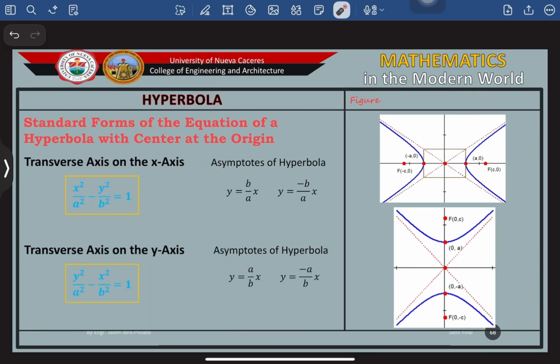Then, standard forms of the equation of a hyperbola with center at the origin. So, this is defined by x squared over a squared minus y squared over b squared equals 1. So, this form opens horizontally.